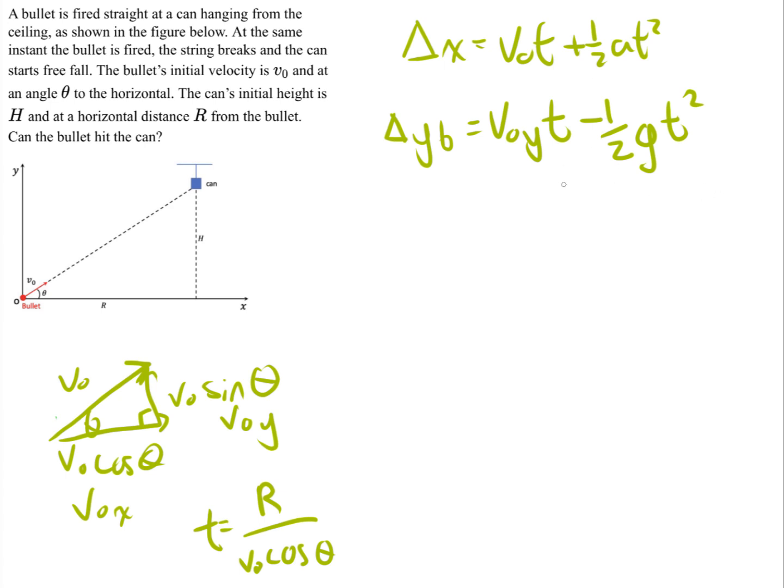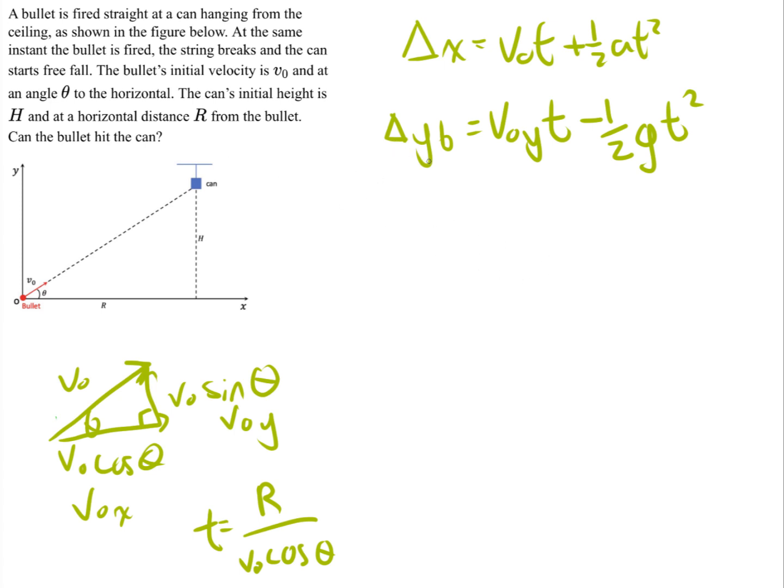And this is negative because gravity is pulling it down. We can replace the acceleration with g, since the acceleration in the y direction is simply the negative of the gravitational acceleration.